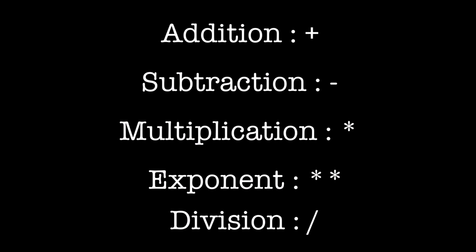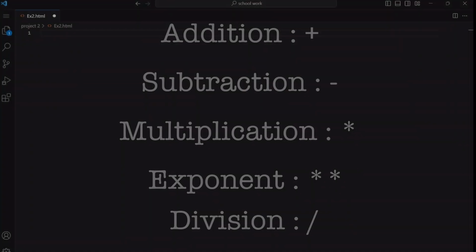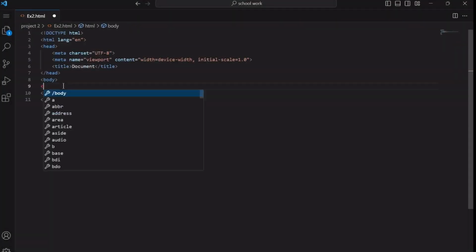Now coming to the signs, we could add with a plus, subtract with a minus, multiply with an asterisk, having the exponent or like showing exponents with 2 asterisks, and divide with a slash. Let's see examples now.